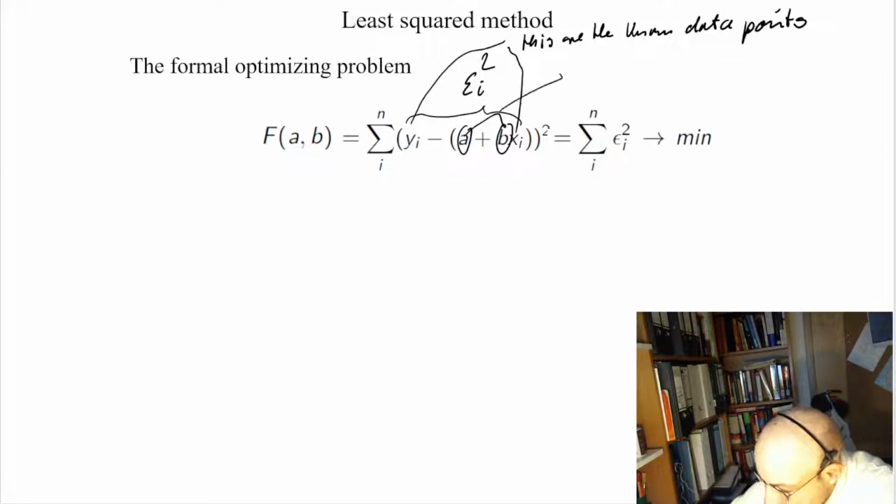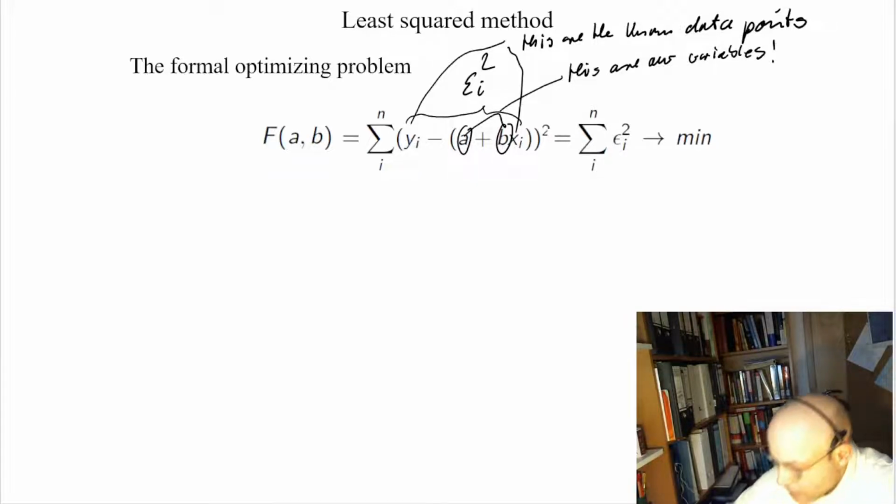So these are variables. And this means that we now have a function of these two variables. And then we want to find the numbers for a and b such that this sum is minimized.